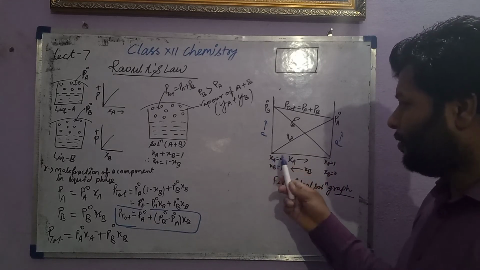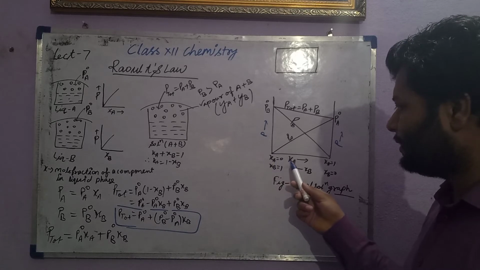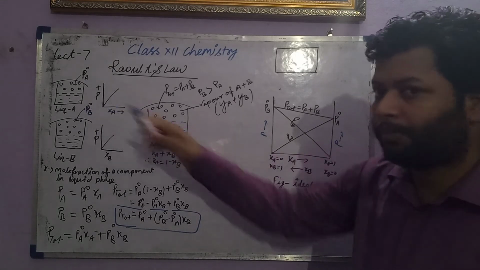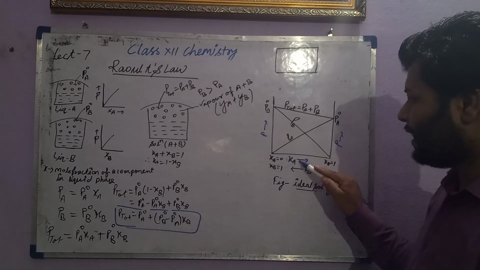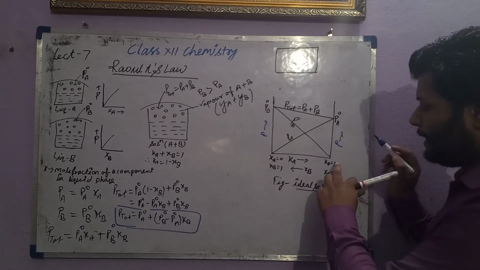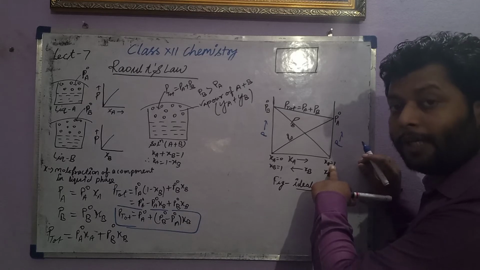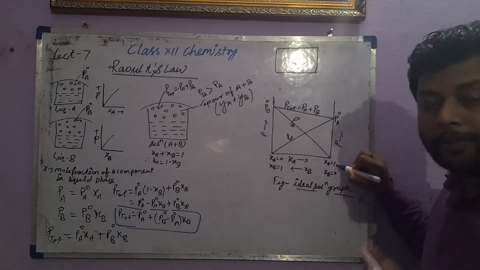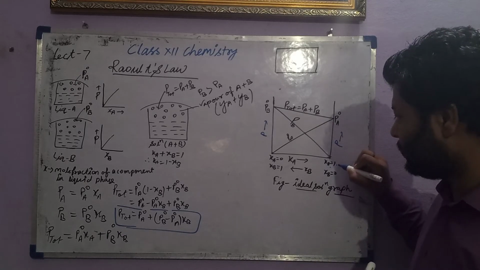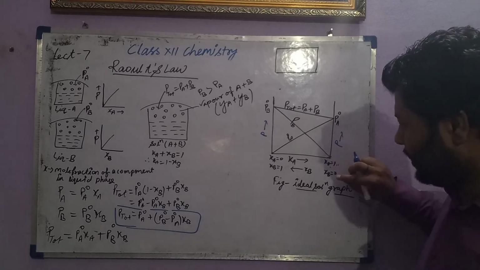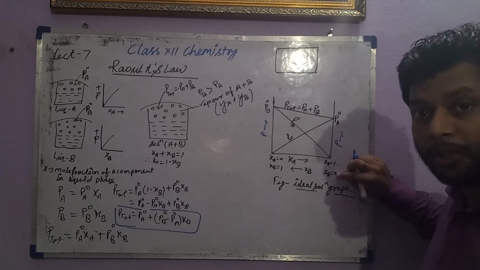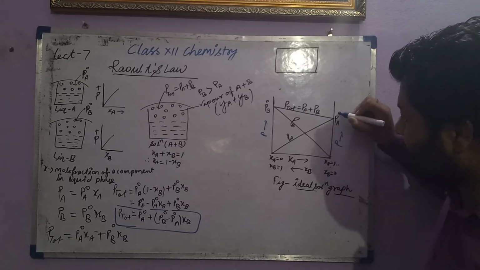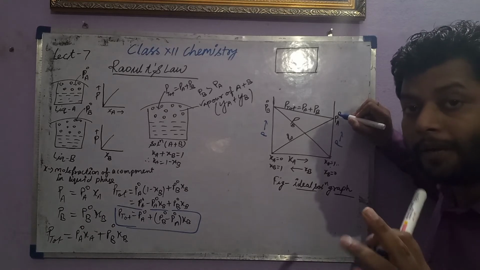As the mole fraction XA increases, the pressure also increases according to this graph. And when the mole fraction of the first component becomes 1, it indicates there is only one component. This borderline indicates there is only one component because XA equal to 1. If XA equal to 1, the mole fraction of the second component will be 0. That is the borderline indicating the condition of pure solvent.